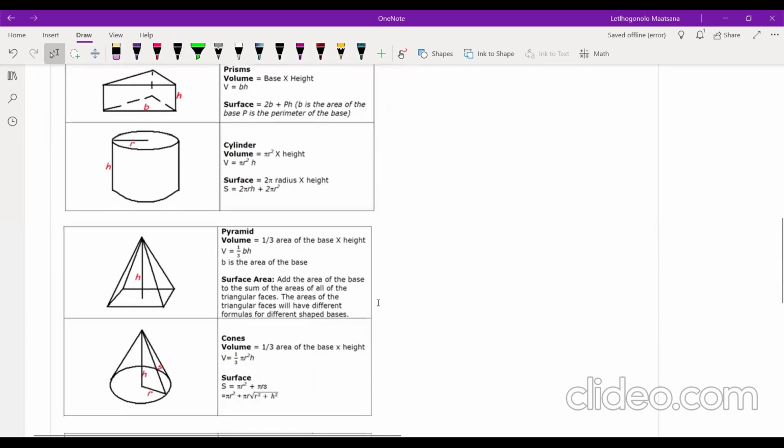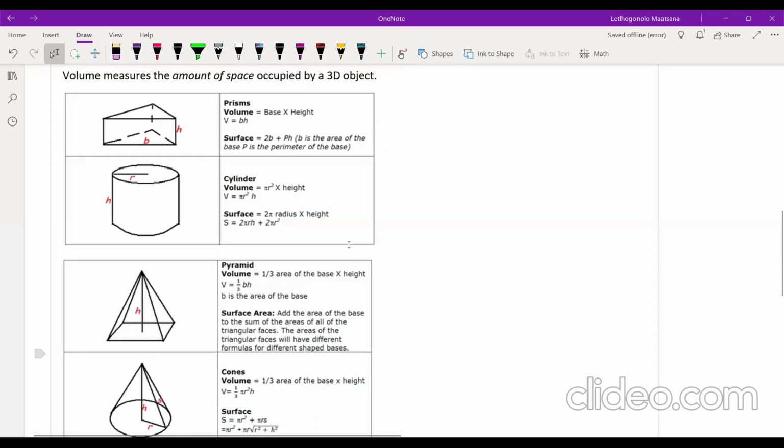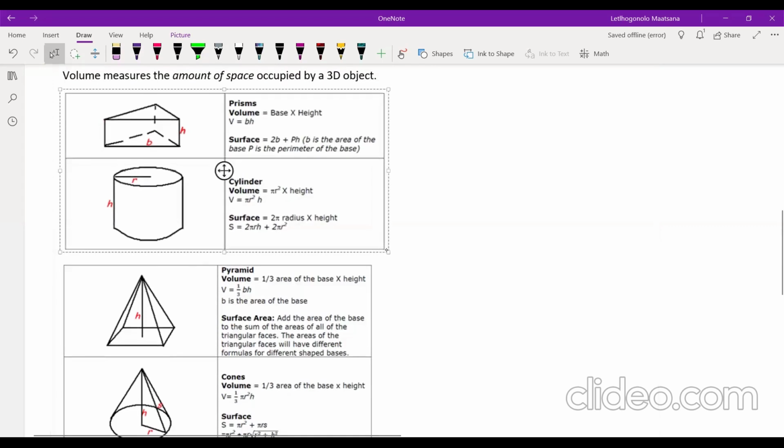Let's look at prisms of different shapes. We have our prisms here, where the volume is equal to the base times height, so the area of the base multiplied by the height.